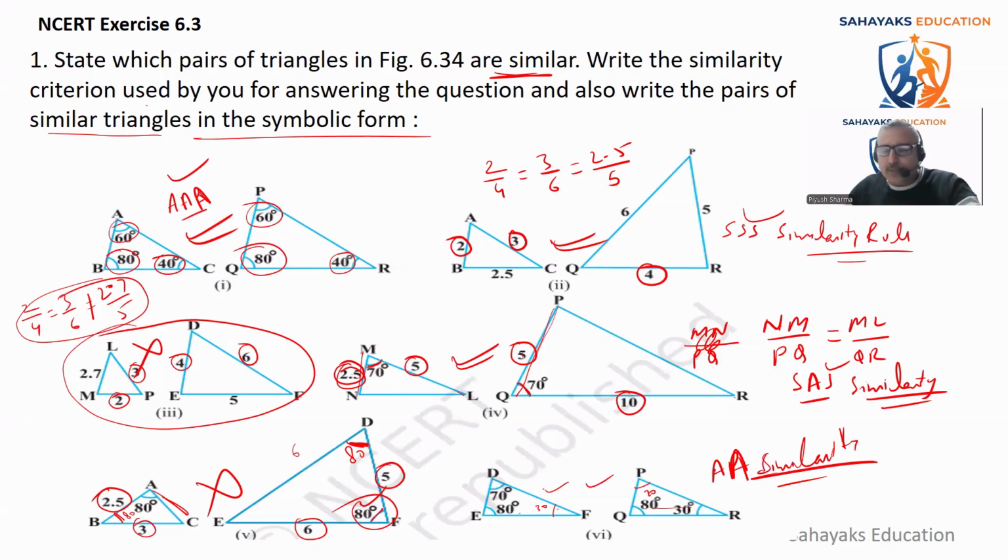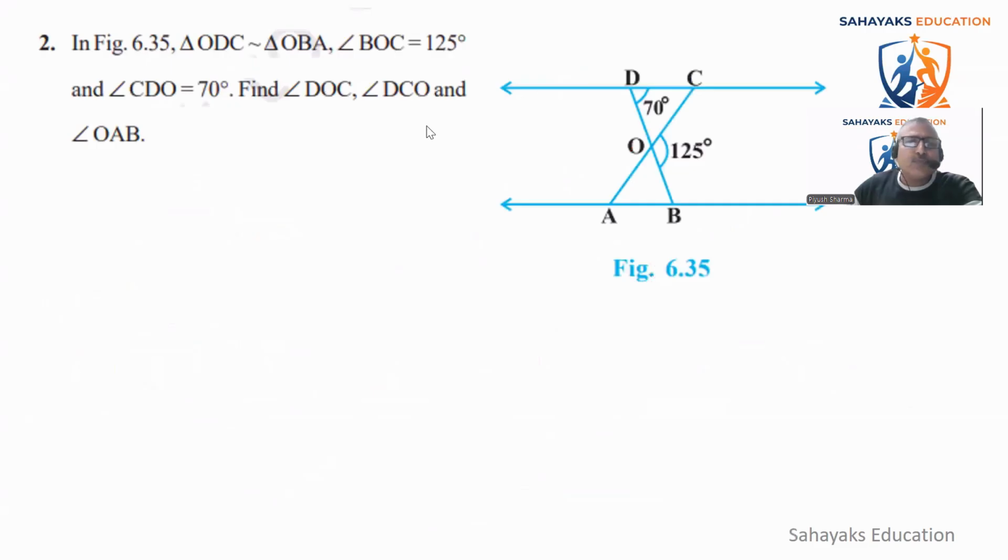Okay, so coming to the next question. In figure 6.35, ODC is similar to OBA. So I can say that this angle is 70, and because these are already similar, this angle is also 70.